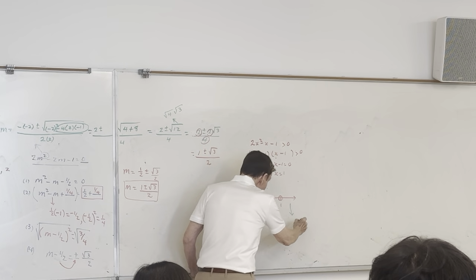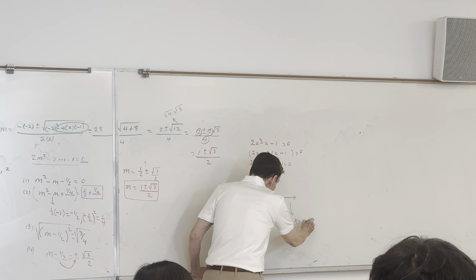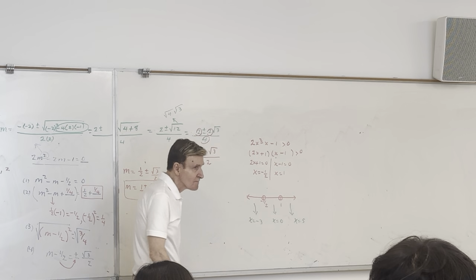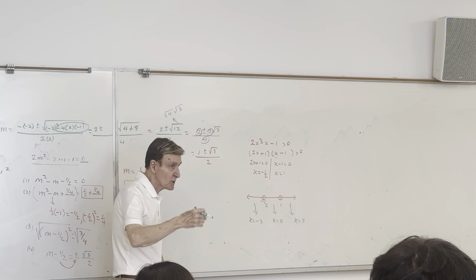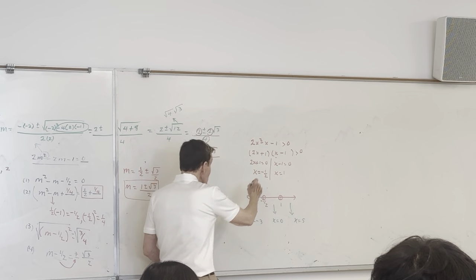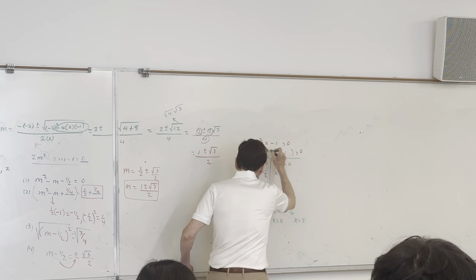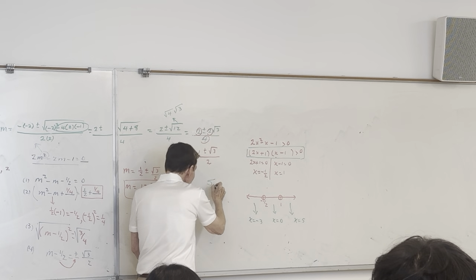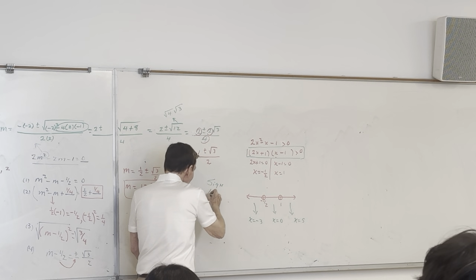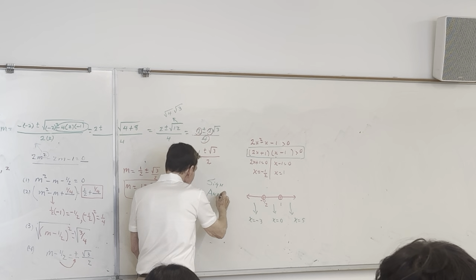Out to the right of 1, let's try maybe 5. And those are selected by you, the test numbers. And now what you do, you test. Where am I going to test? Right here. And all I'm looking for is, and again, they call this sign analysis.